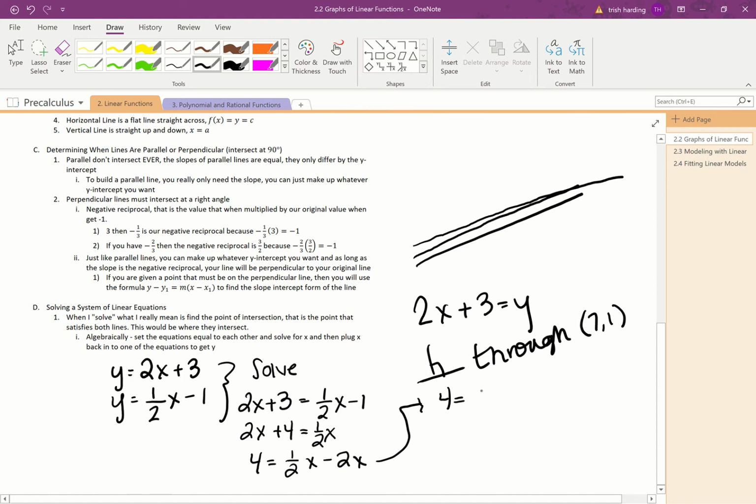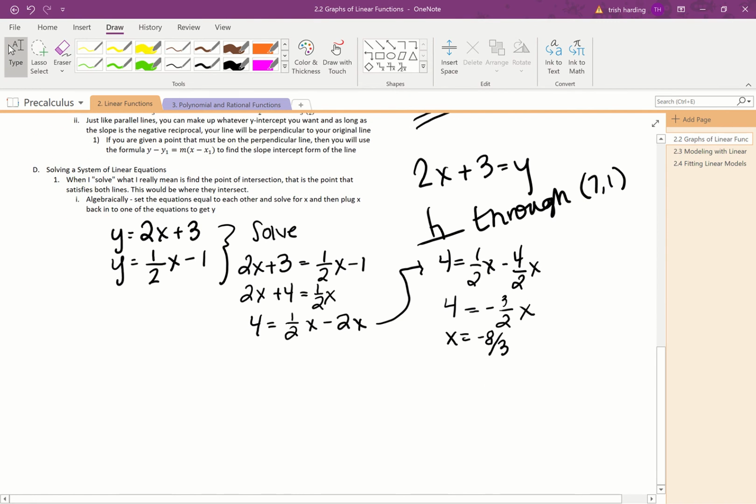So that's going to be half x minus 4 over 2x. And that's going to give me 4 equals negative 3 over 2x. So then I would have x is equal to, and I would multiply by 2 to give me 8, and divide by negative 3 to give me negative 8 over 3.